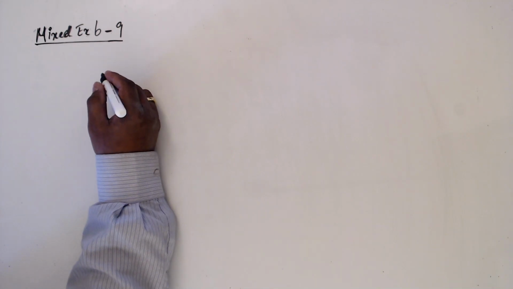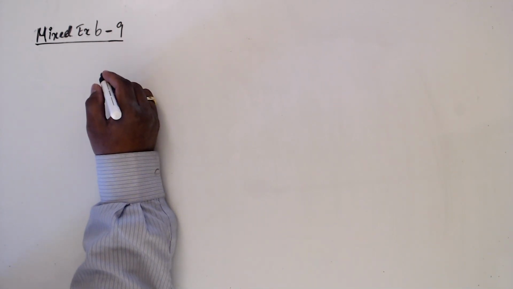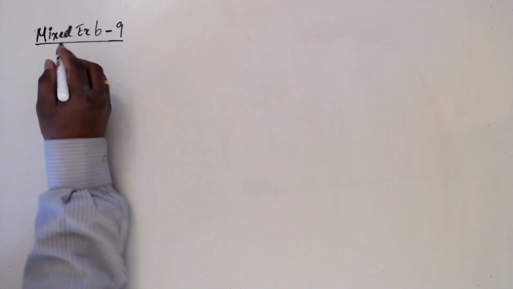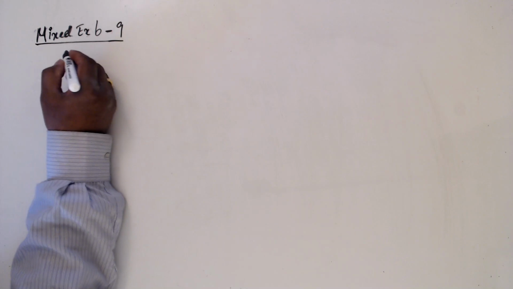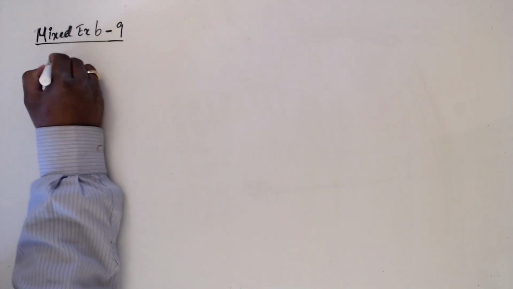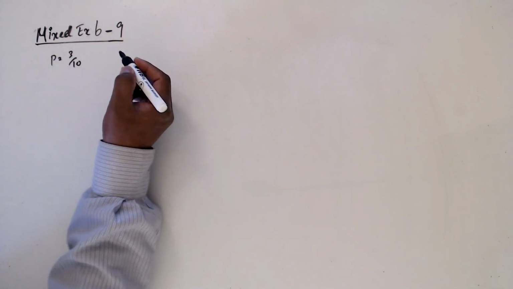Question number 9, the hospital scenario. A patient who comes to the emergency department has to wait more than half an hour with probability 3 out of 10. So 3 out of 10 people have to stay more than half an hour, so p is 3 out of 10.